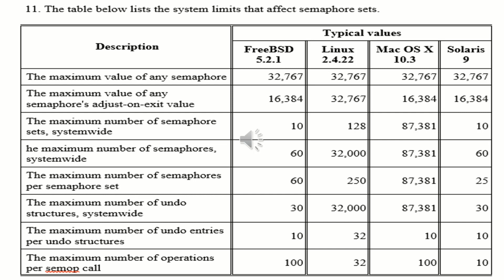The maximum number of operations per semop call: 100 for BSD, 32 for Linux, 100 for Mac OS, and 10 for Solaris. These are some brief system limits that affect the semaphore set when you consider different types of systems we can have.